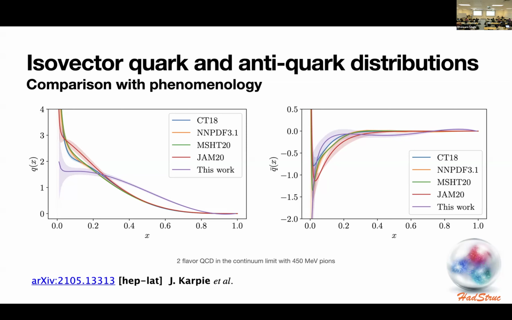And these are the PDFs that you get from phenomenology. Now, there is a hump here that is more likely due to the fact that I have heavy pions. And because this distribution is normalized, if you have a hump here, you have to have a dip elsewhere.